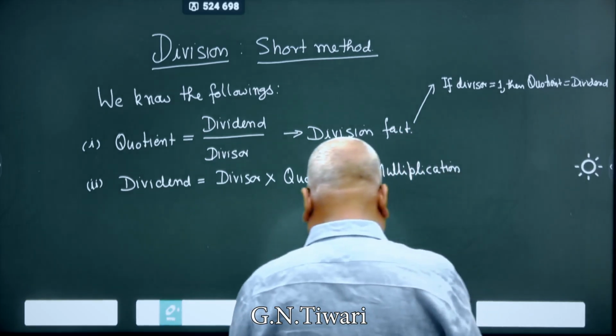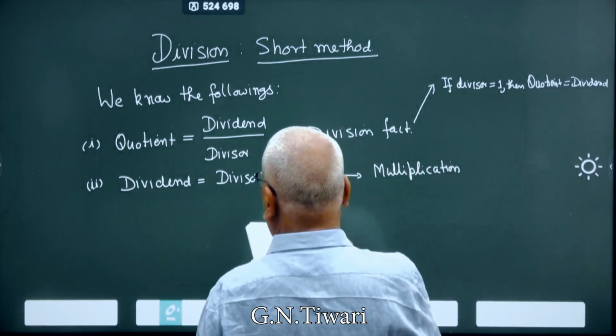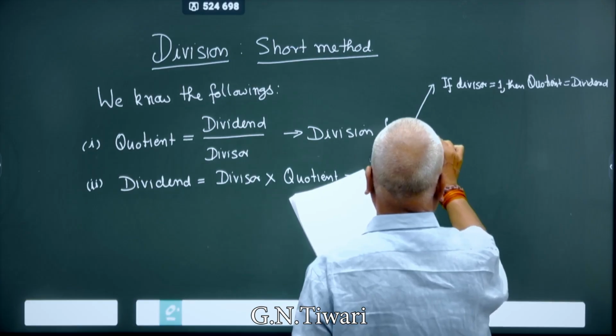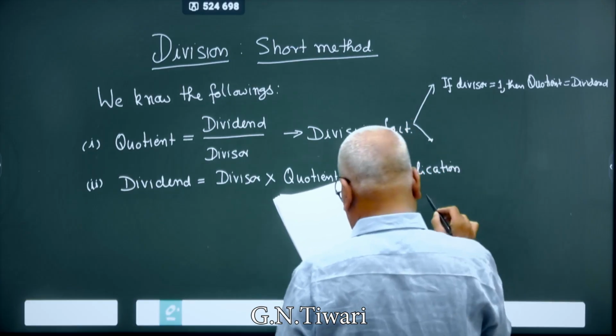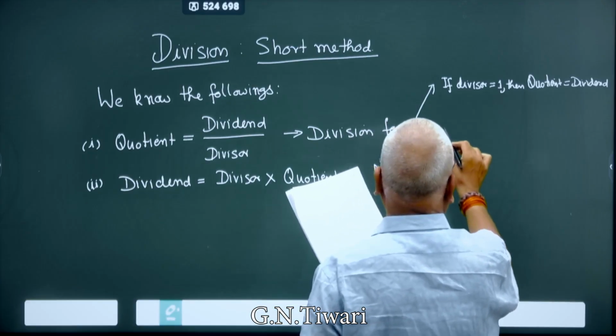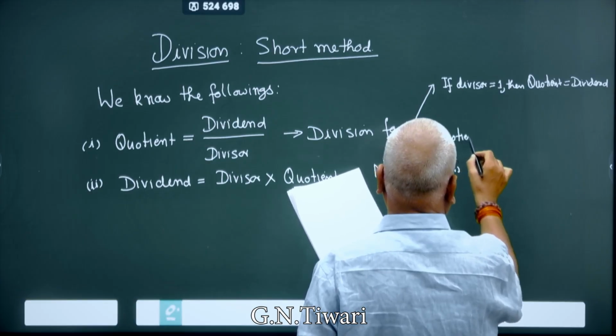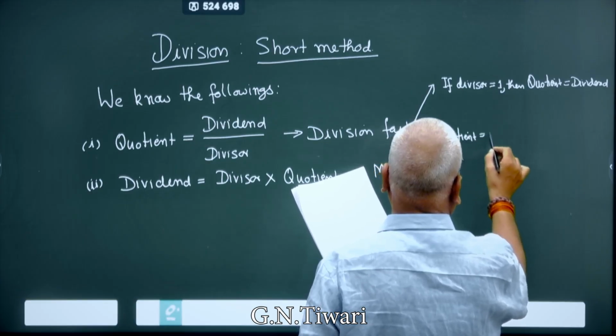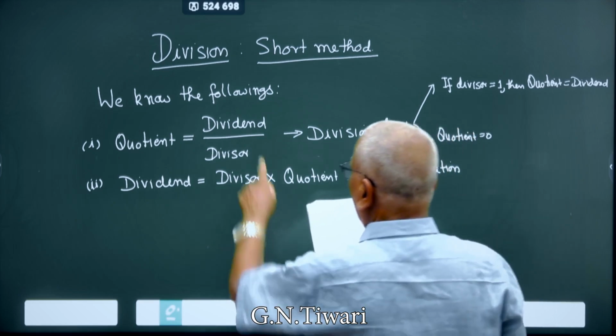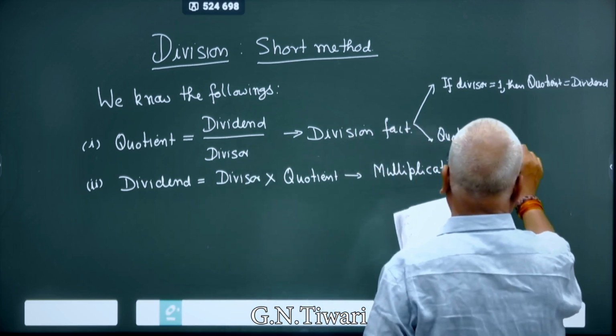But if quotient is equal to 0, जरा ध्यान से देखिएगा, so dividend is equal to also 0.